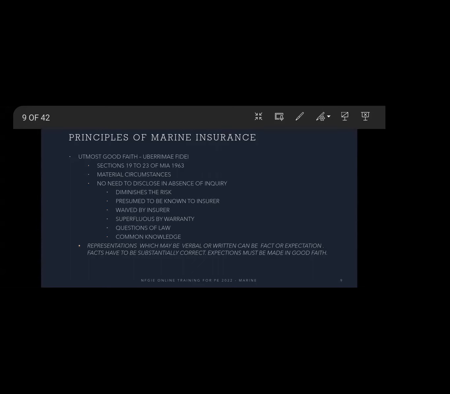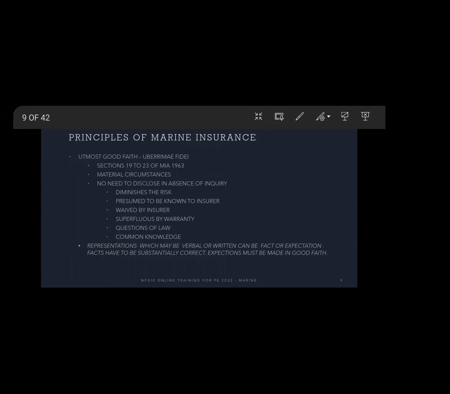The first decision is whether he will accept or refuse the risk, and the second decision is what is the premium, what are the terms, what are the conditions of insurance that have to be attached. If anything of that sort is there, any such circumstance is there, that has to be declared.